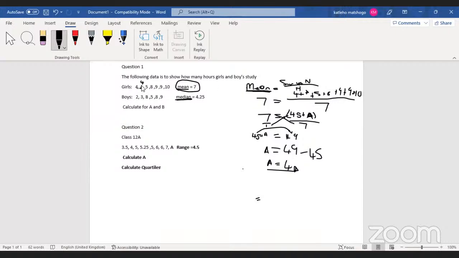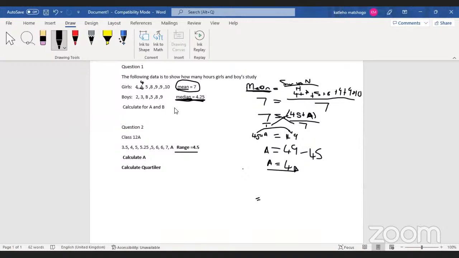You don't just say, okay, median, and that's where it confuses you. So a median, this one is like a clue of what to use to calculate for B. It's like the same here. We are given the range. This is a clue of how to calculate this thing.